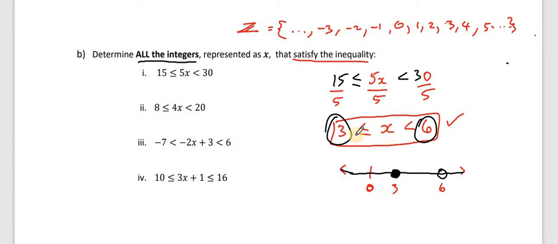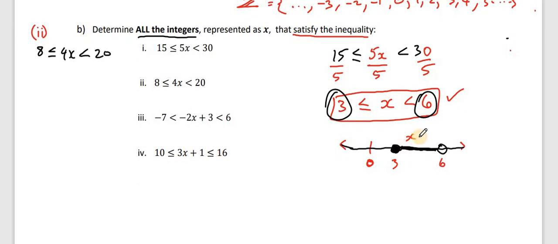Because we're including 3 in our answer for x, right? Should I shade 6? No. And the values we shade in between the two circles as well, because the answers lie between 3 and 6, in terms of 4 and 5. You want to put x is less than 6, greater than or equal to 3. That's it.